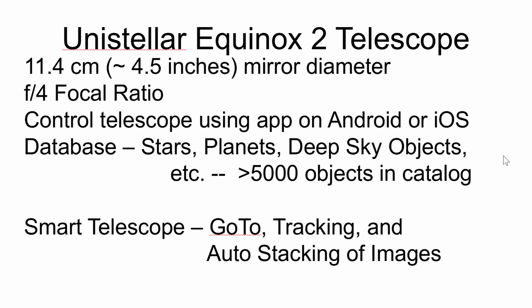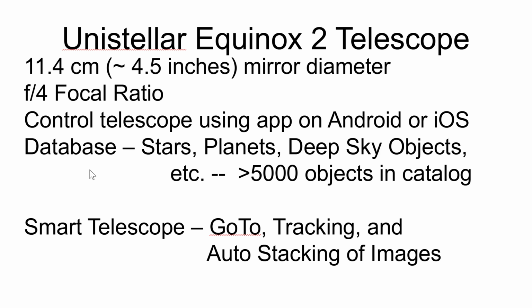There's a menu system. You can activate the catalog to show galaxies or to show stars or to show planets. The telescope is not built to image planets. It does not have enough magnification to really give good views of Jupiter or Saturn, and even worse for Mars.